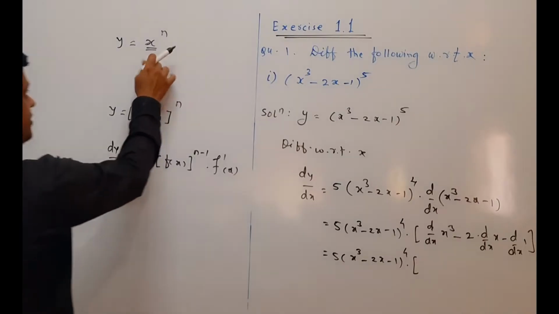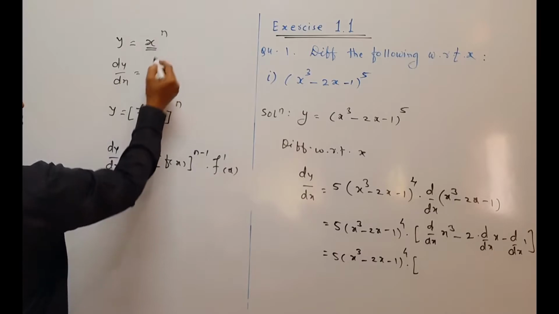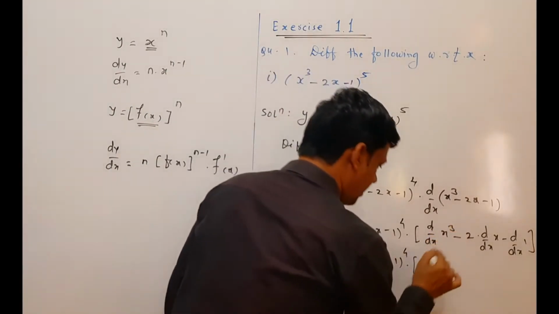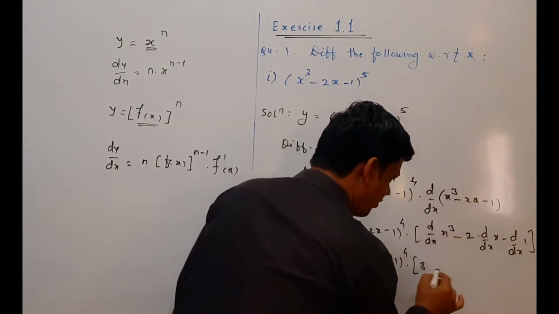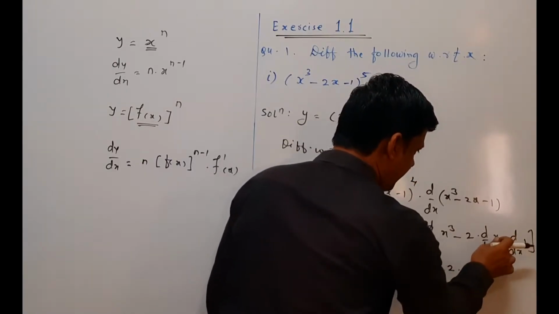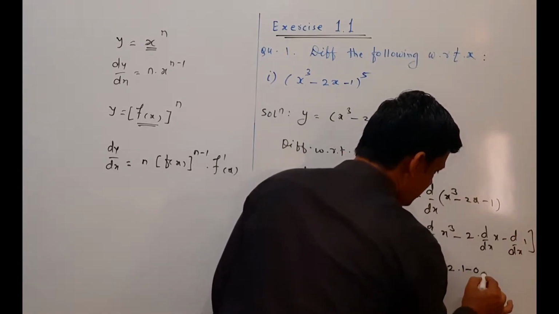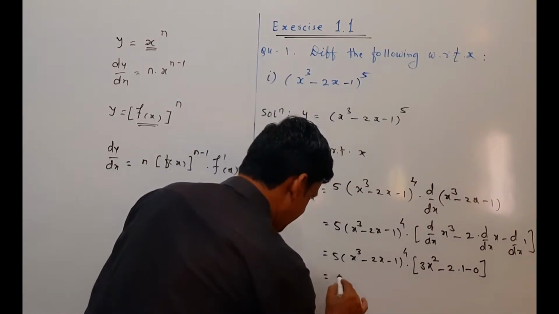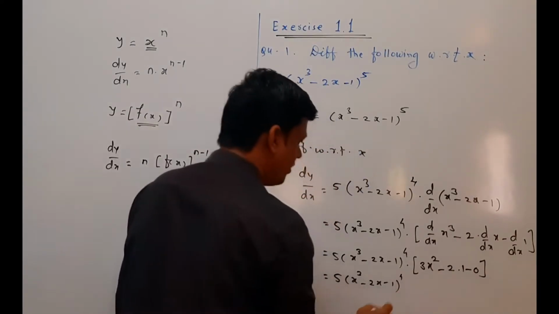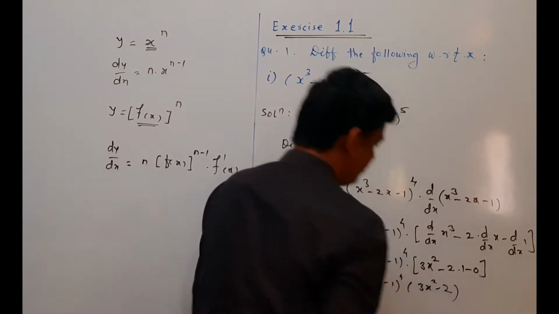So we have to apply this rule, derivative of x raised to the power n is n into x raised to the power n minus 1. So we write 3 in multiplication, we reduce the power of x by 1, so we write 3x square minus 2 into the derivative of x with respect to x, which is 1, minus the derivative of a single constant, which is 0. So we write here 5 in bracket (x cube minus 2x minus 1) raised to the power 4 into (3x square minus 2).